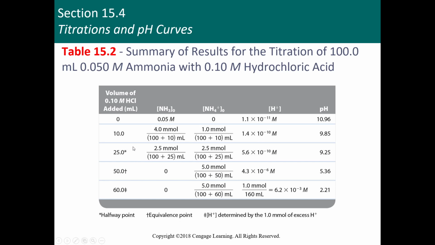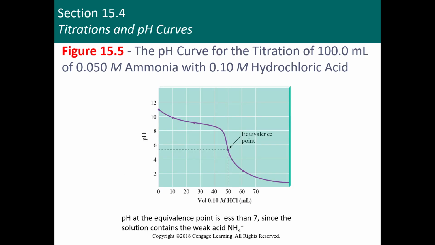This shows you the different concentrations of the NH3, NH4+, and H+ at each point, and their pHs. You will notice that in the case of the equivalence point, a weak base titrated with a strong acid will always give you an equivalence point below 7. And that's because it produces a weak acid after the equivalence point, right? That's the conjugate acid, which is a weak acid.